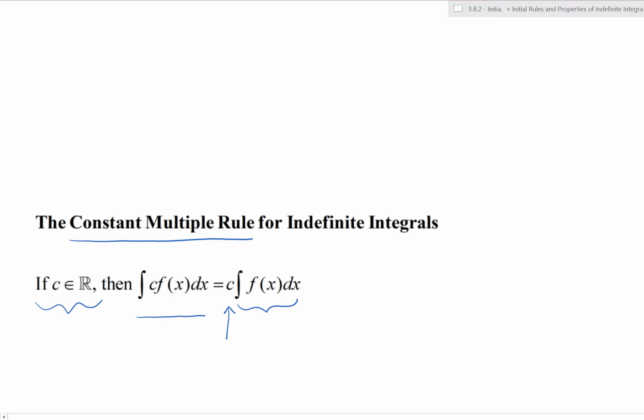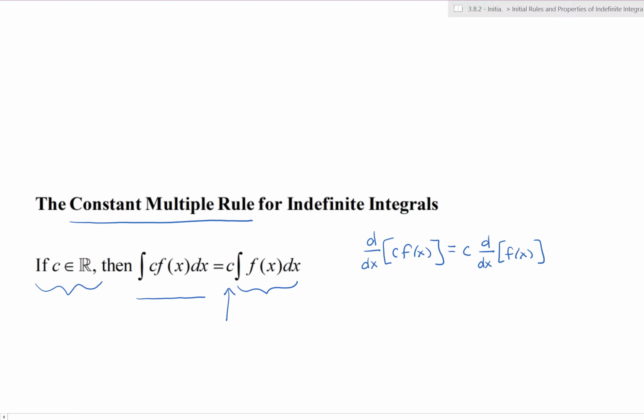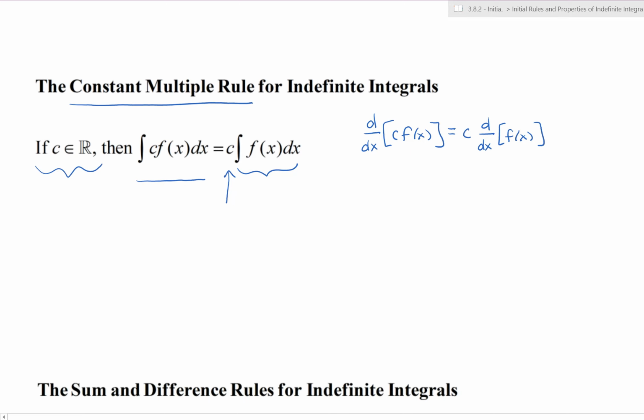This should seem reasonable because we have already established the rule that if I differentiate c times f of x with respect to x, then this is the same as c times the derivative with respect to x of f of x. And so we're just going the backwards direction. That constant should just stick around for the ride.